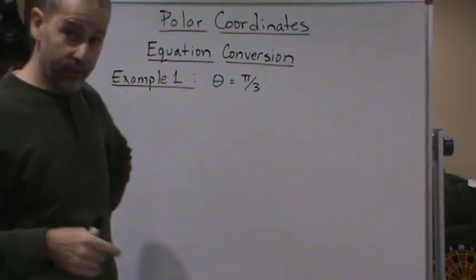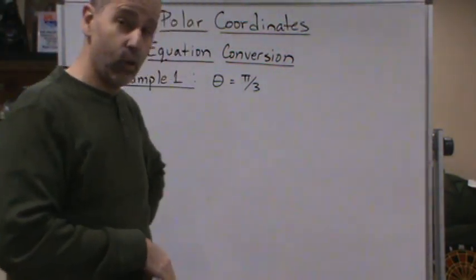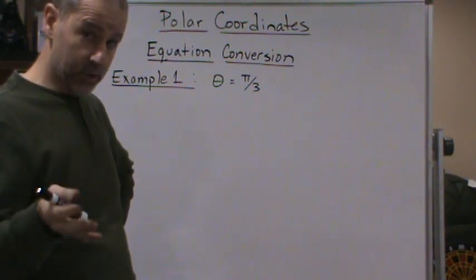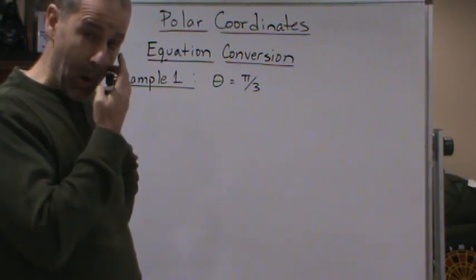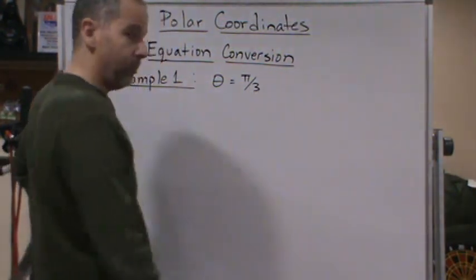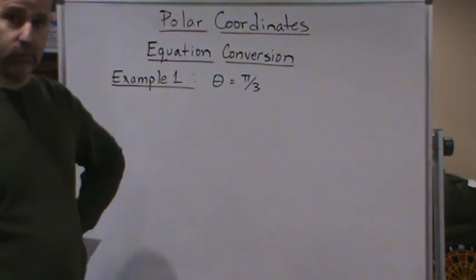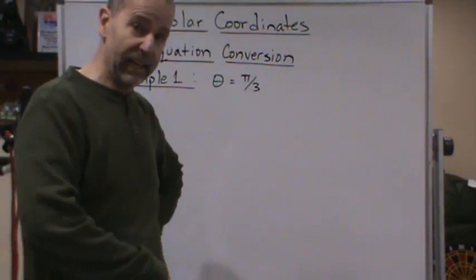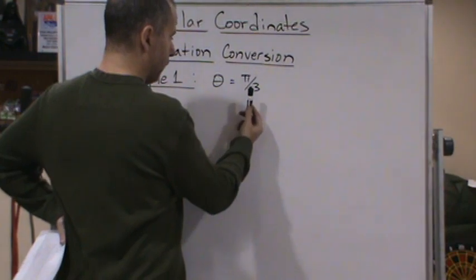There's no r given, right? So that means regardless of the directional distance, the angle theta is always going to be pi over 3, no matter what. So r could be 0, r could be positive, r can be negative. The angle is still going to be pi over 3.